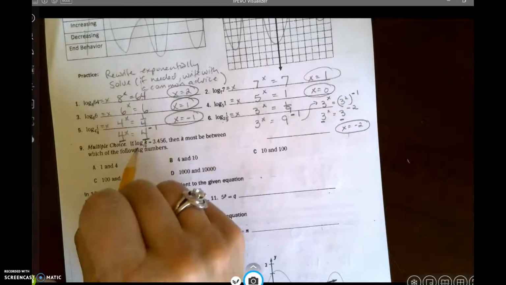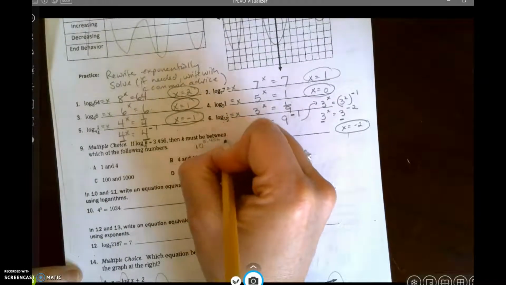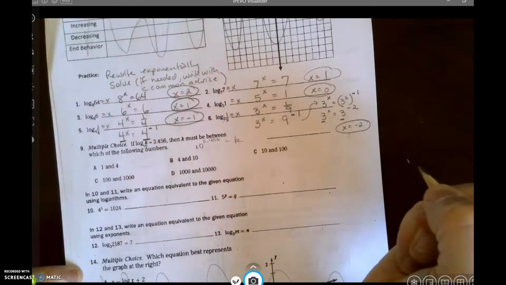Let's look at number 9. If the log of k, remember that would be a base 10, is 3.456, then k must be between which of the following numbers? Well, I always rewrite my log exponentially. So 10 to the 3.456 equals k.